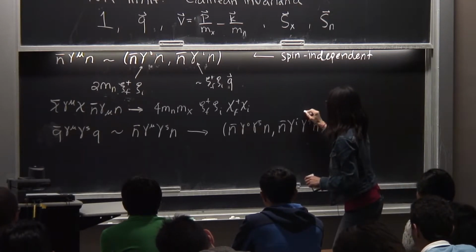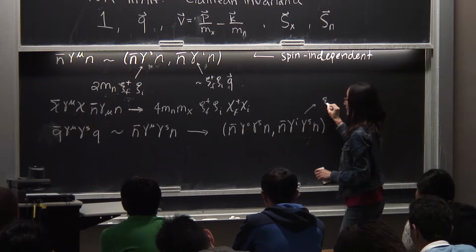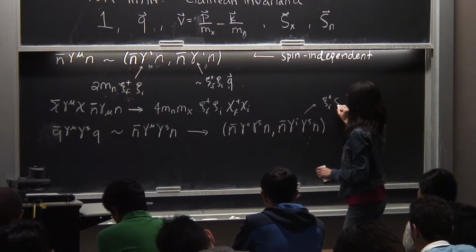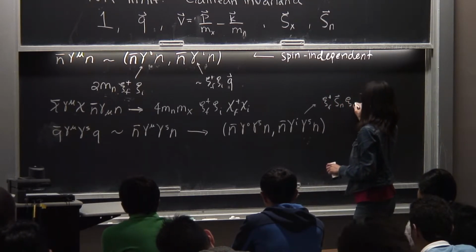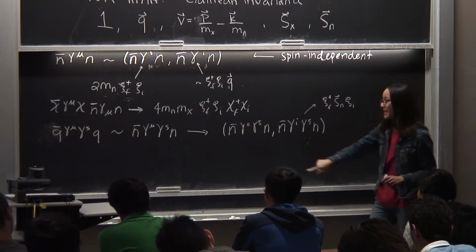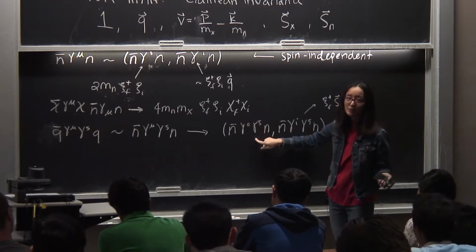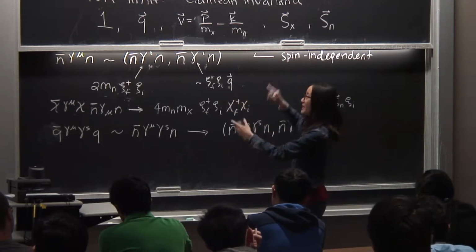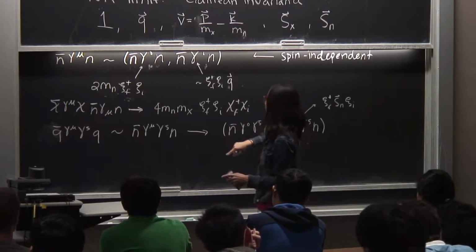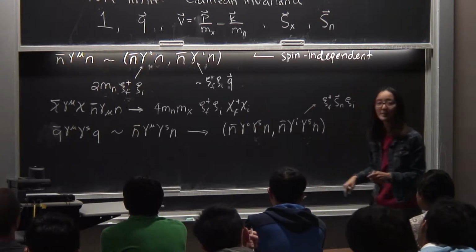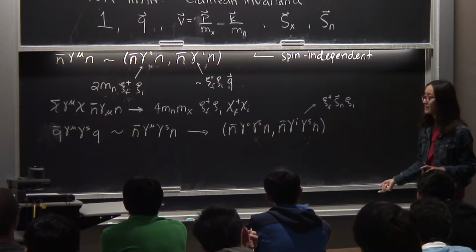So this looks something like this, and we don't have something that immediately pops out for either of these. So for this one, we'd have to take a dot product of two of these things, and that will lead to this part, again, being suppressed by the typical momentum over the mass.